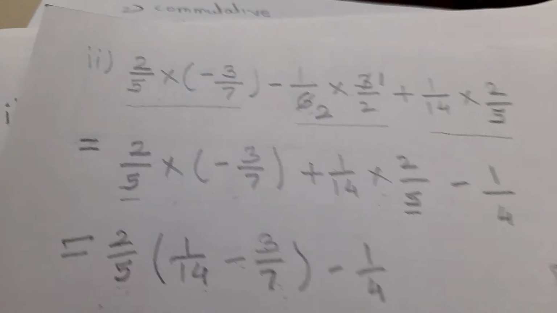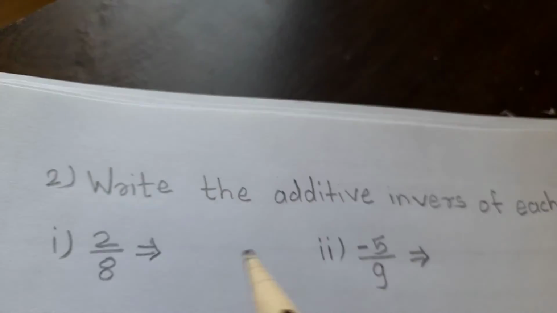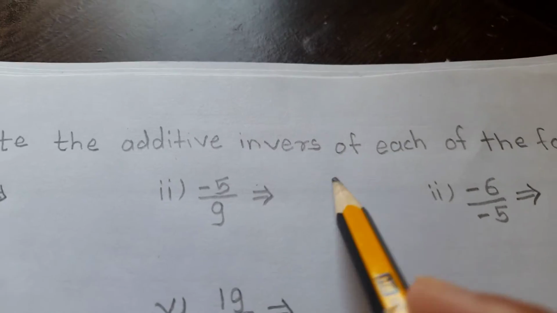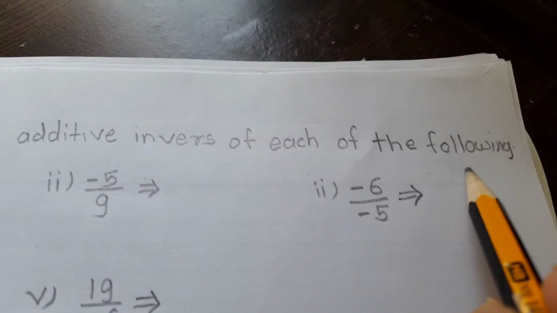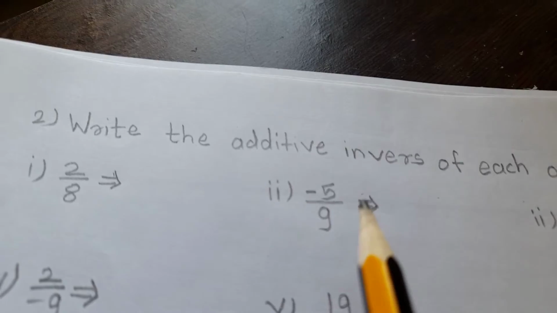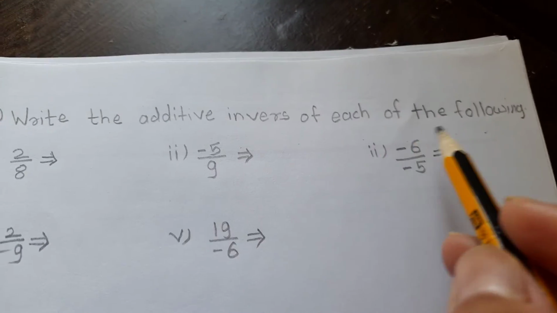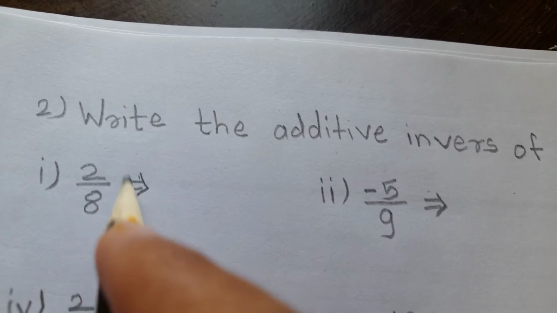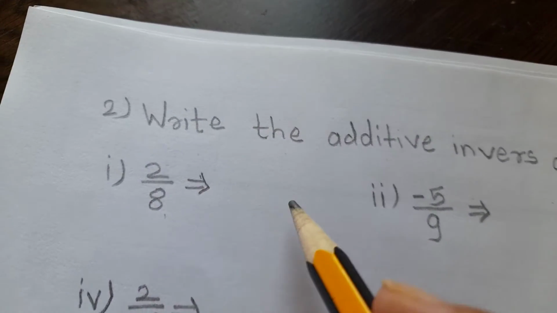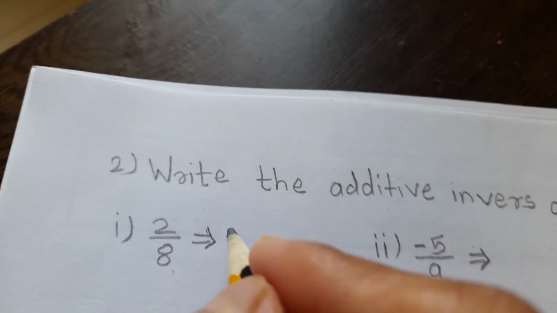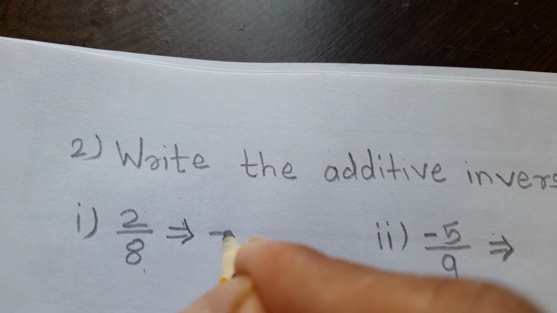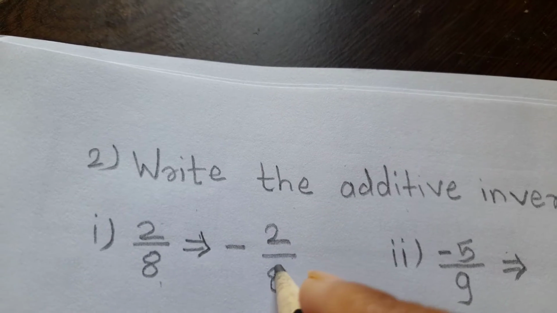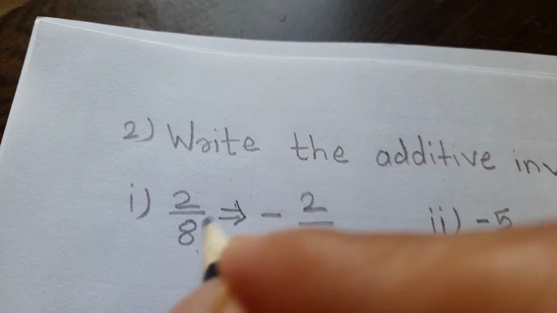Now question 2. Write the additive inverse of each of the following. You know that we have seen in the rules that the additive inverse means we need to change the sign of the number only. Here 2 upon 8, the additive inverse will become minus 2 upon 8.